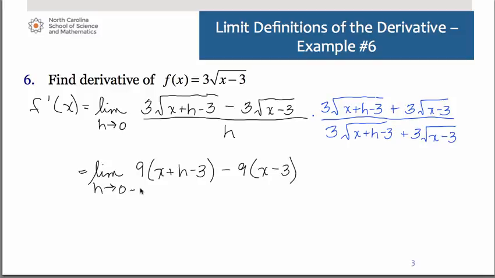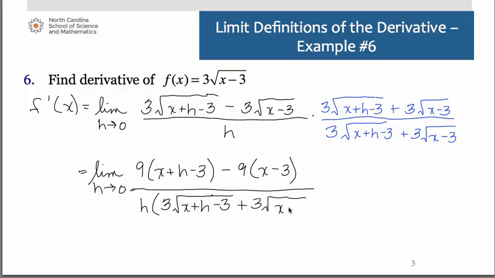And as I mentioned, the denominator we shall just copy over and leave as is. So we have some distributing to do in the numerator. Let me go over to the next slide so we have a little bit more room. And things should cancel out nicely if we did this correctly.